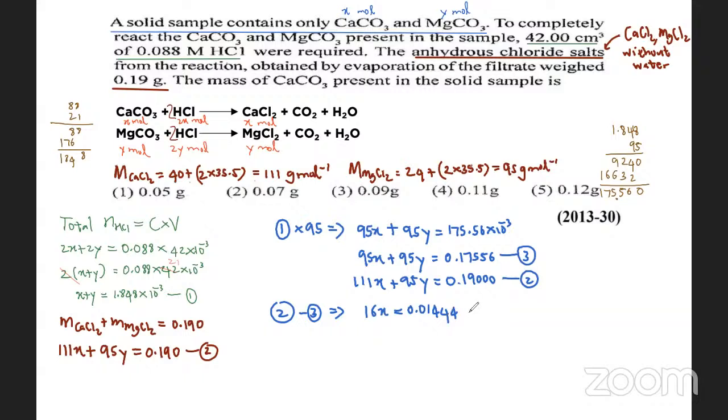Therefore, x is going to be equal to 0.01444 over 16. It's the number of moles of calcium carbonate. They're asking for the mass of calcium carbonate. So mass of calcium carbonate is equal to number of moles into molar mass. We all know the molar mass of calcium carbonate is 100, something we use quite often.